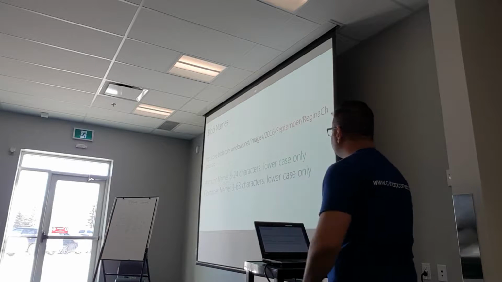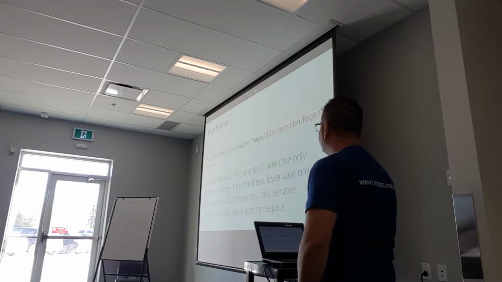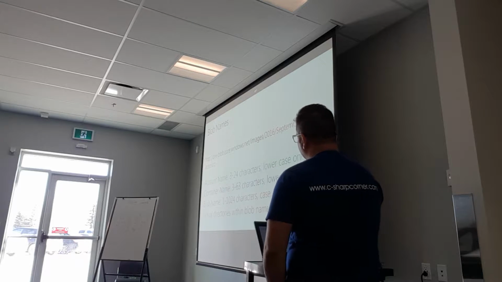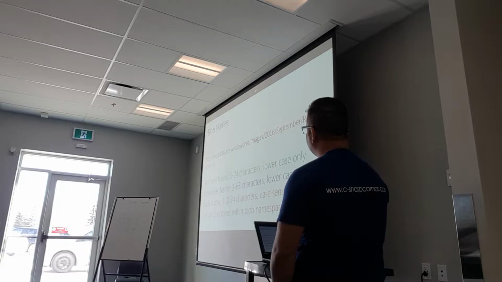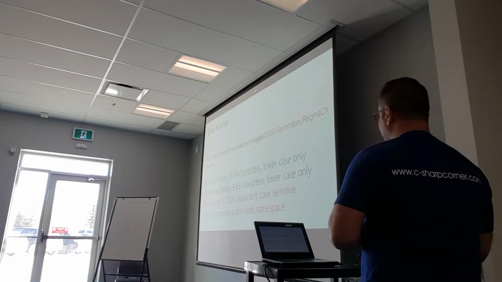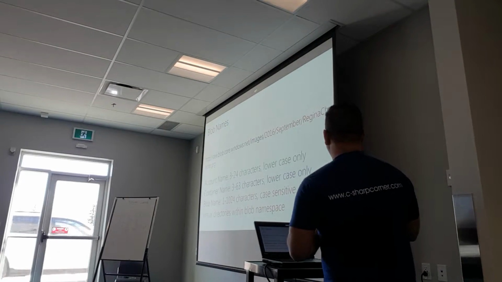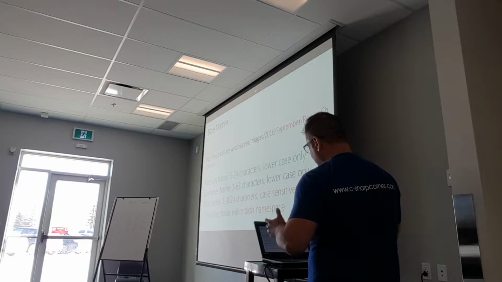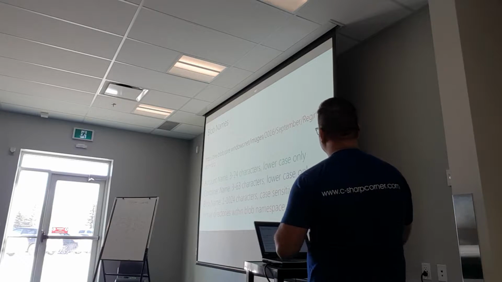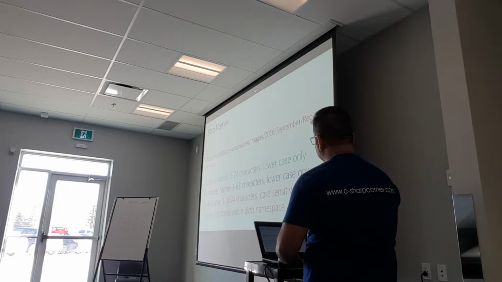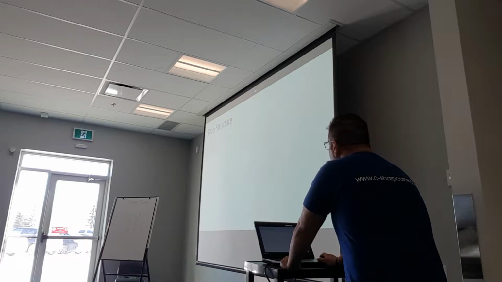Container name: 3 to 63 characters, lowercase only. Blob name: nearly 1000 characters. It is case sensitive, like Regina chapter.jpg. If I make some spelling or character case mistake, then it would not open. There is also a virtual directory within the blob namespace. So that's what we have.